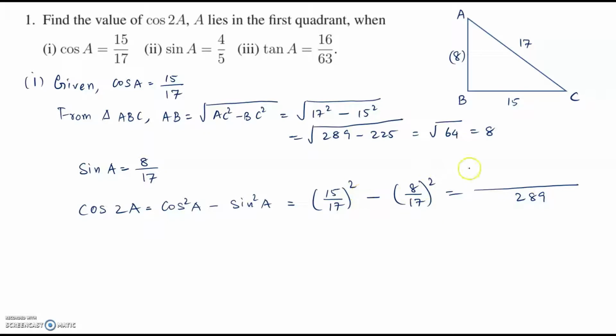And in the numerator, we have 15 squared, which is 225, minus 8 squared, which is 64. So your answer would be 161 divided by 289.